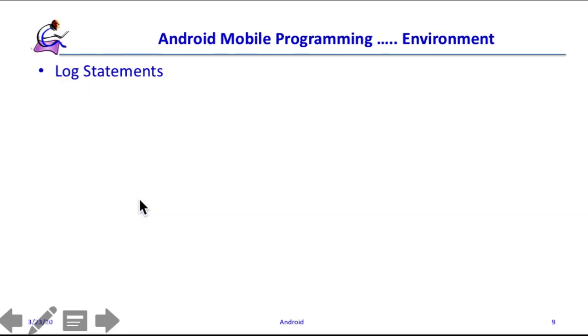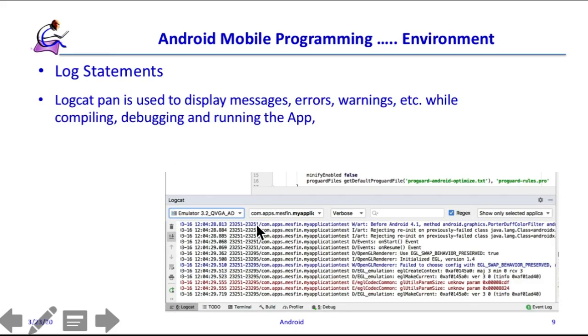The next one which I want to describe is the log statement. As I already discussed, whenever you run your application, you'll see different types of content here. There are a number of buttons to be selected, and in general they are also called log cards, and you can display some messages, errors, warnings and so on while debugging, compiling, or even running the program.